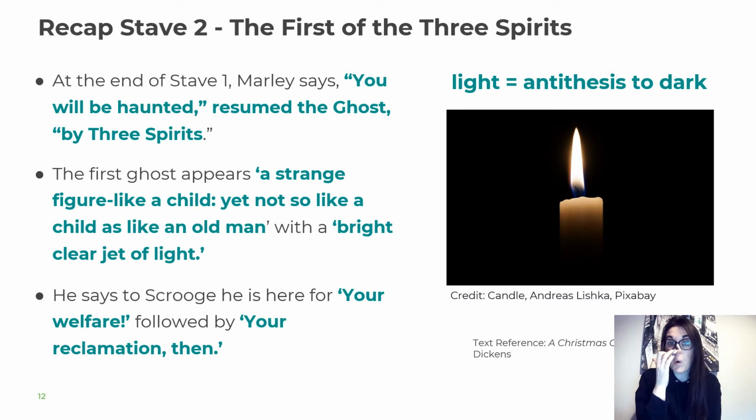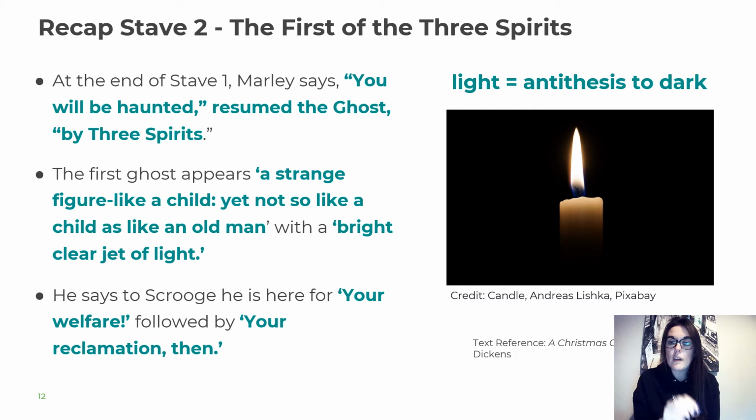So at the end of stave 1, Marley tells us, "You'll be haunted," resumed the ghost, "by the three spirits." So the first ghost appears. He's a strange figure, "like a child, yet not so like a child as like an old man," with a bright clear jet of light. I always think that the fact that the Ghost of Christmas Past's form doesn't stay the same is because he represents Scrooge's past, Scrooge's present, Scrooge's future, everything about Scrooge.